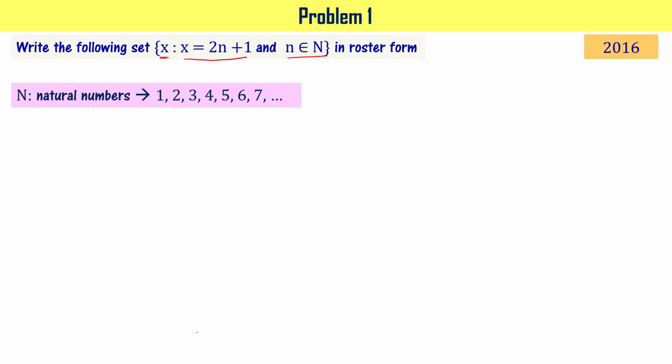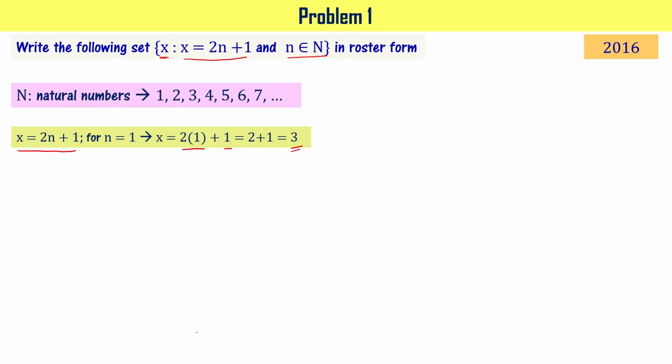Now, if I take n equal to 1, then what is the value of x, which is an element of the given set? X equal to 2n plus 1, we know. When n equal to 1, x is going to be 2 times 1 plus 1, that is equal to 3.